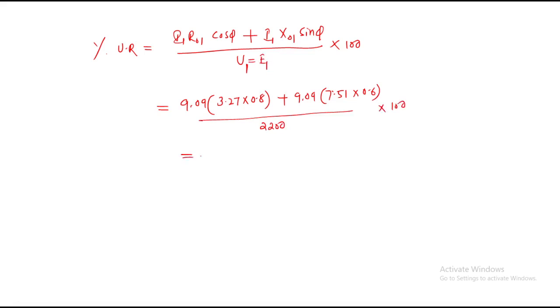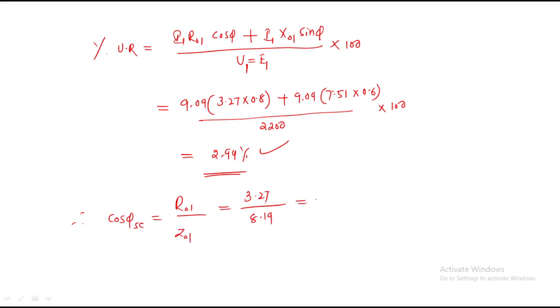We are going to get 2.94%. The percentage voltage regulation is 2.94. You just have to calculate I1 R01, I1 X01 and Z01. Therefore cos phi SC is R01 by Z01, which is 3.27 by 8.19, which equals 0.4 lagging.